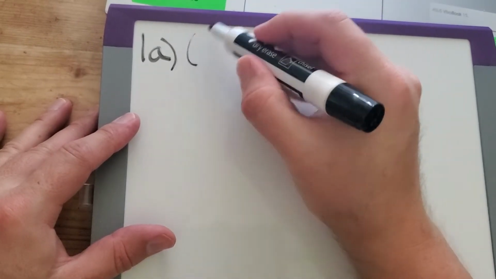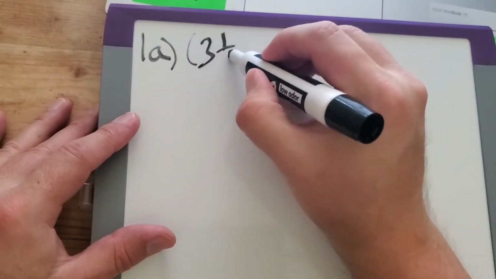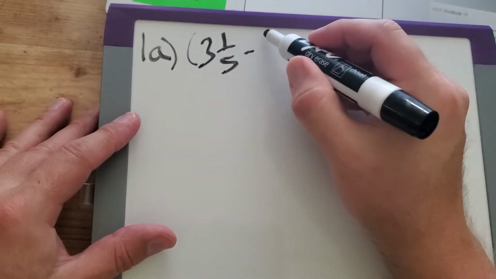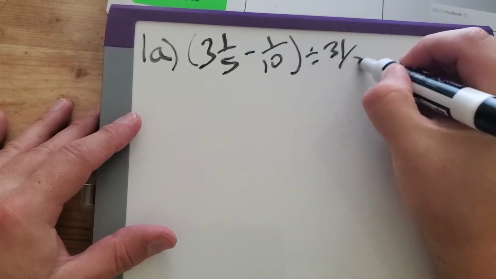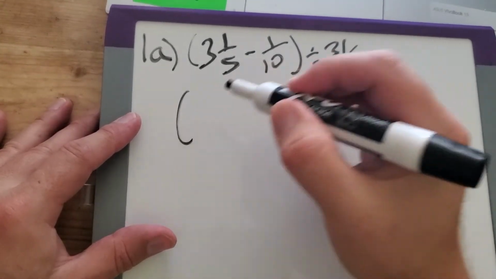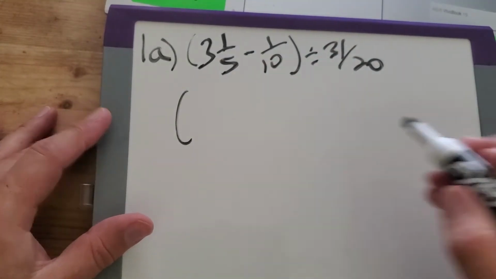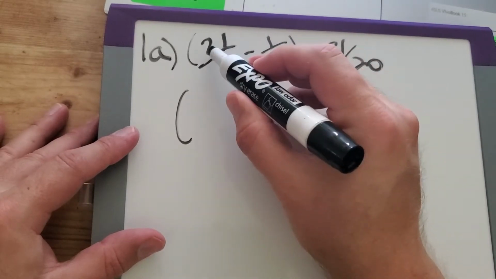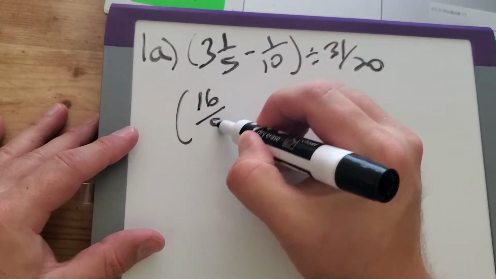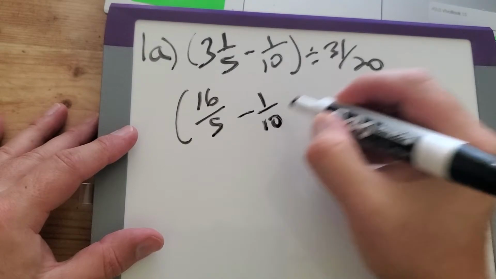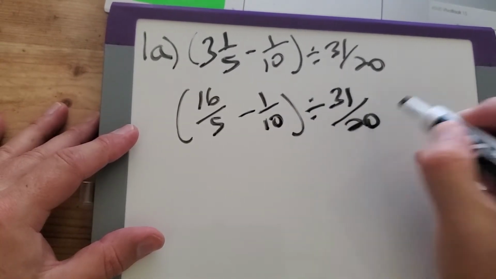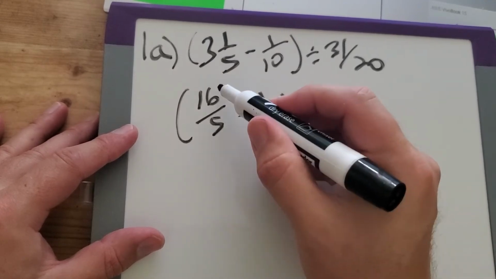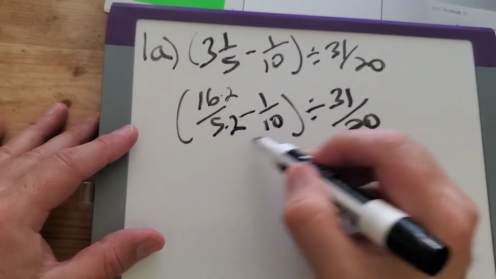I believe we did this in class, but 3 1/5 minus 1/10 divided by 31/20. You first want to make that into an improper fraction. 5 times 3 is 15 plus 1 is 16. And then you want to double it, times 2, to make it the LCD.